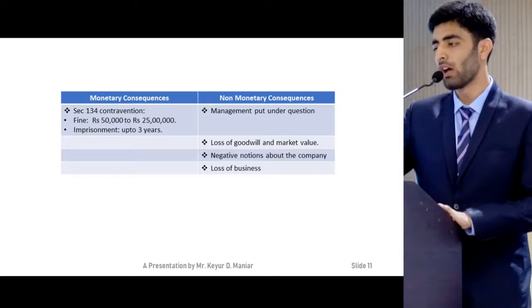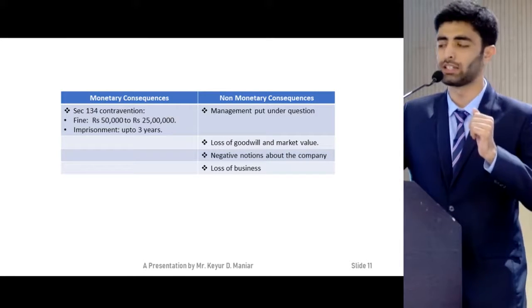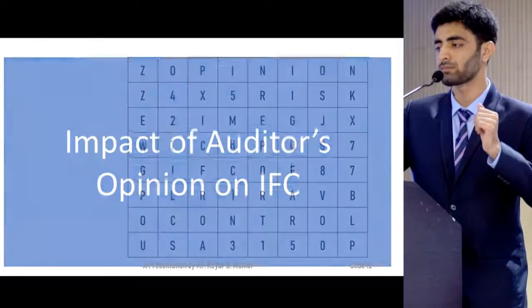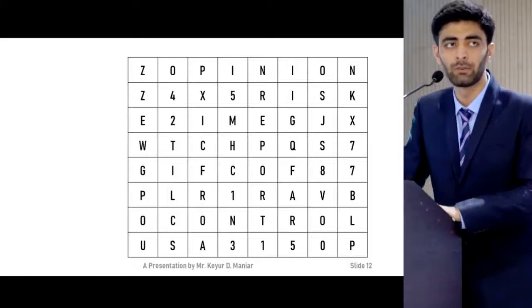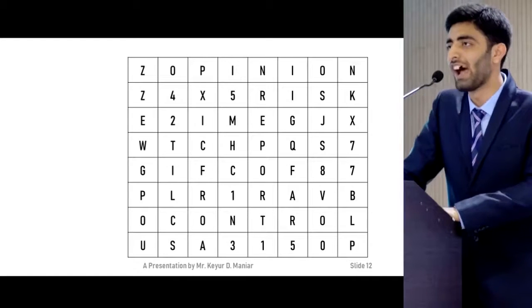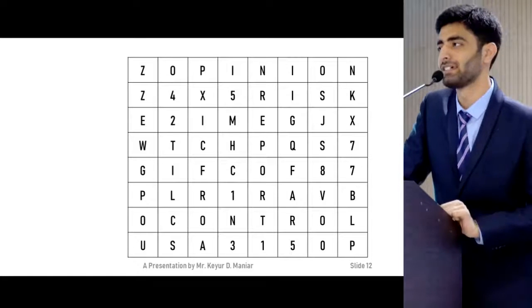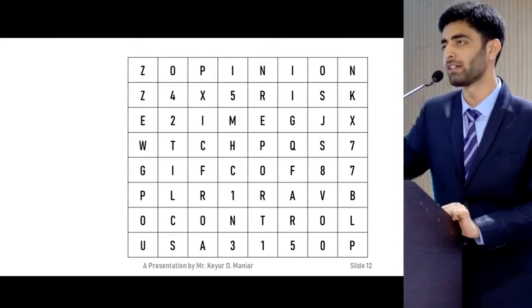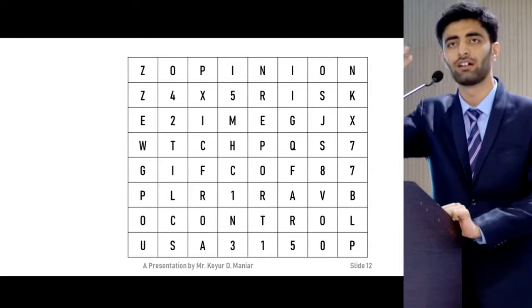Now to conclude, I would like to summarize this topic, but then I would require your help to summarize the topic. This is a crossword. We have 7 words that had been placed in my presentation, and I need you all to find some. One by one, please. Opinion, control, risk.